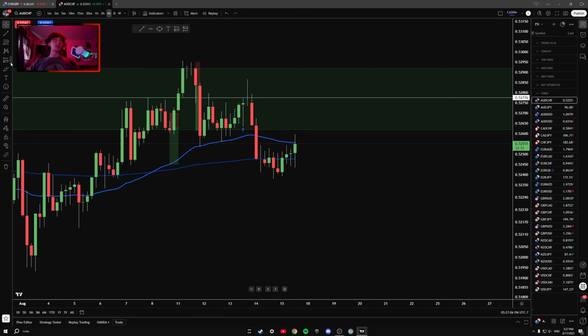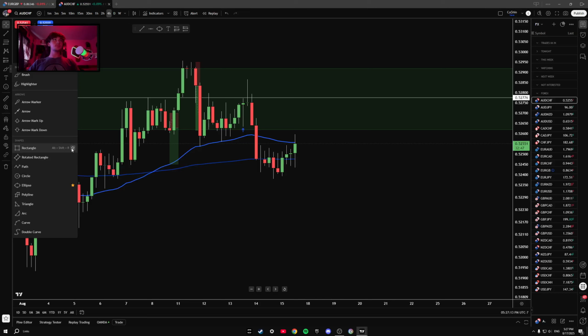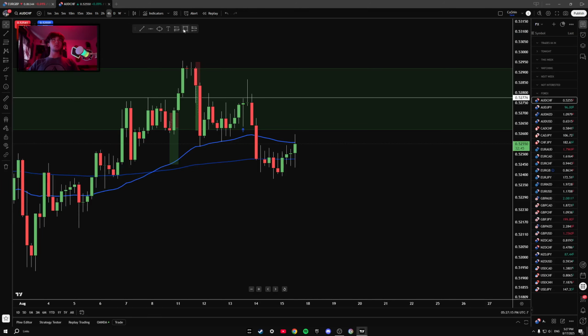So I'm looking for my rectangle. I don't know where I put it. There we are. Our most important tool. But yeah, so if we get a 4-hour mark right there, we'll be good to go.